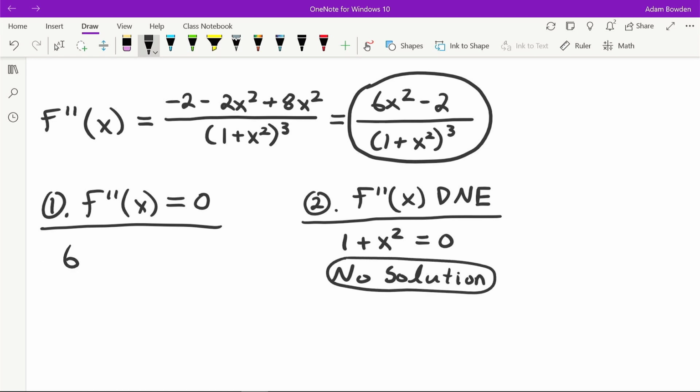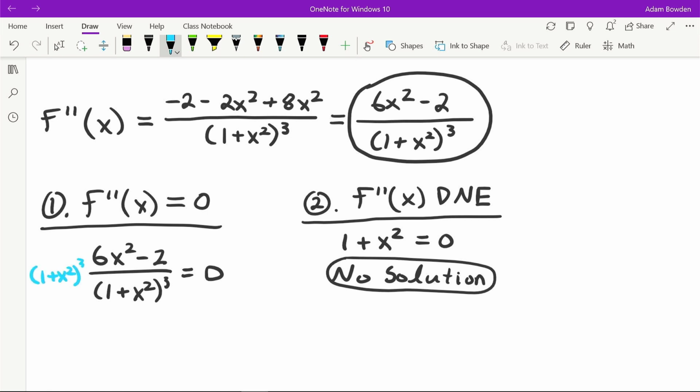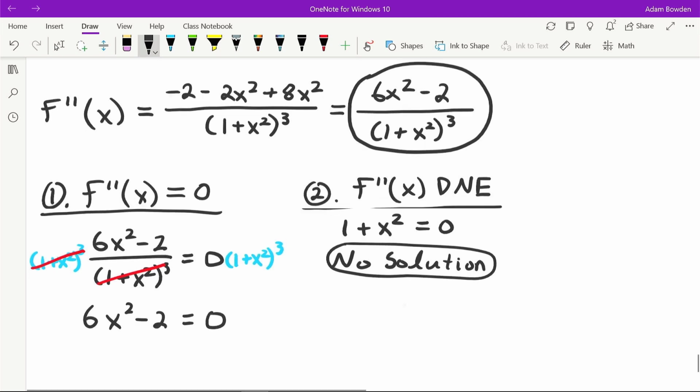On the other hand, if we look at the second derivative set equal to 0, we will be able to find something interesting happening here. If we multiply and clear out the denominator to both sides, so let me cross that out here, it does leave us with 6x squared minus 2 equal to 0.